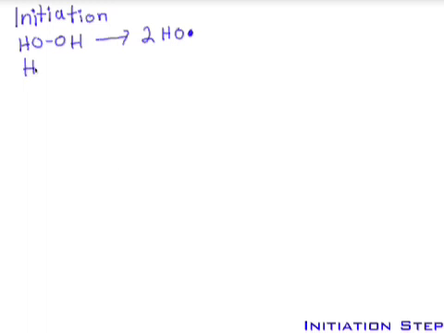HO dot can react with our HBr and produce H2O and Br dot. This prepares a radical.